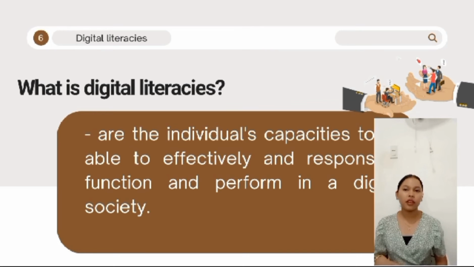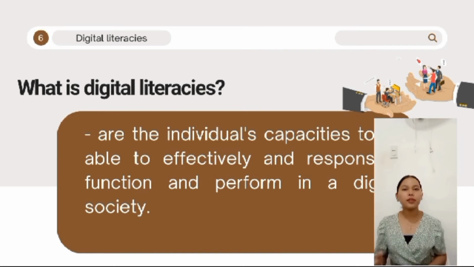For example, if you're applying for a job, digital literacies might involve creating a professional resume, uploading it to a job portal, and responding to emails professionally. It's about being confident and competent in navigating the digital world.